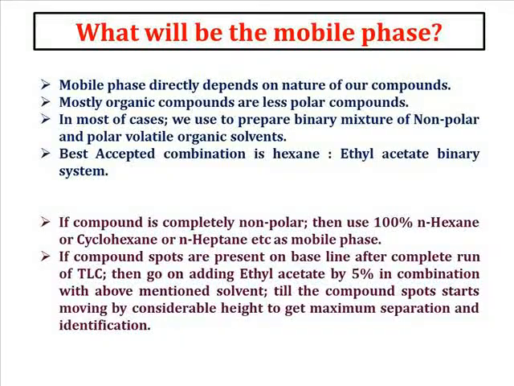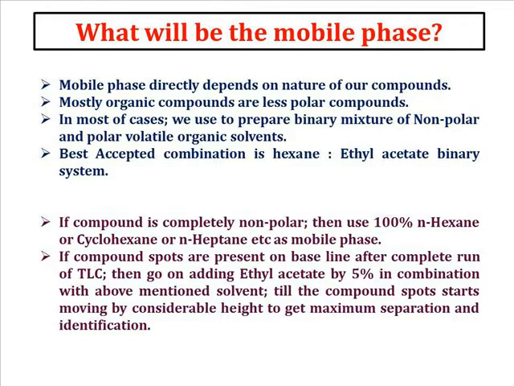Now the question is, what mobile phase should we use? Mobile phase directly depends on the nature of our compound. Normally we prepare a mobile phase as a mixture of one non-polar solvent and one slightly polar solvent, one non-polar moiety, one polar moiety.